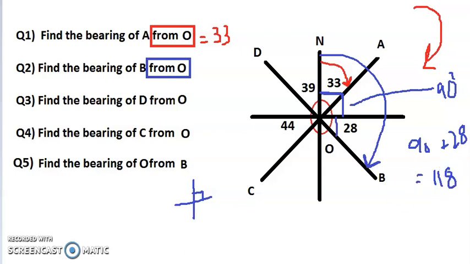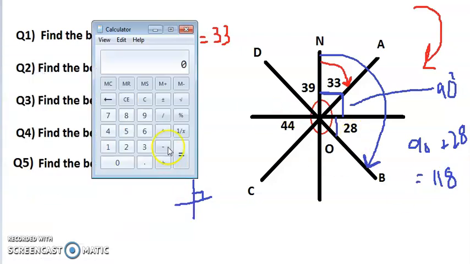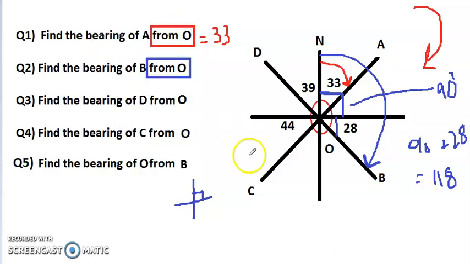I'll just confirm that. 90 plus 28, 118, right? So that's correct.